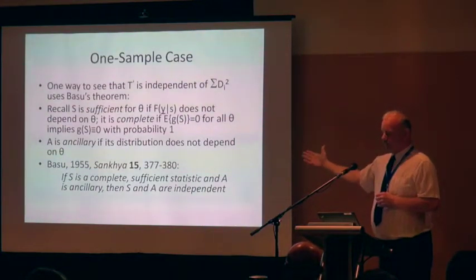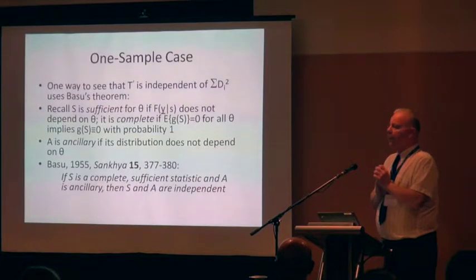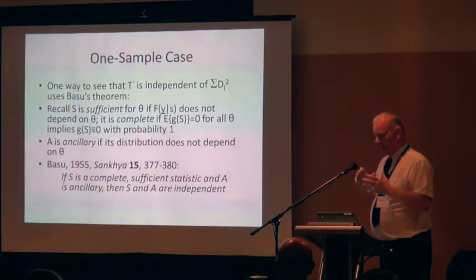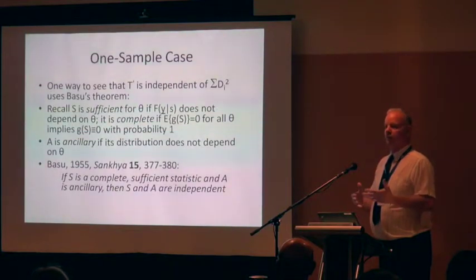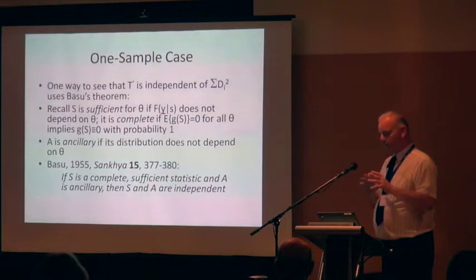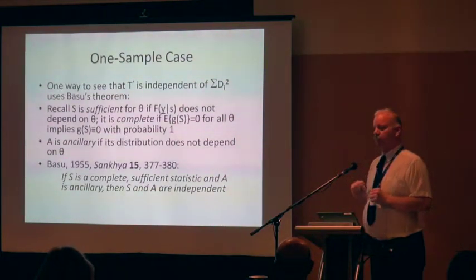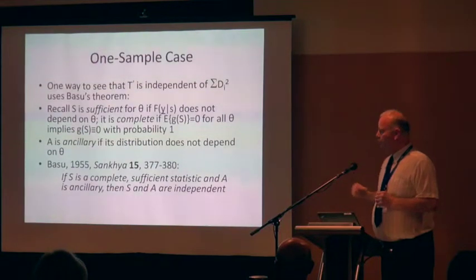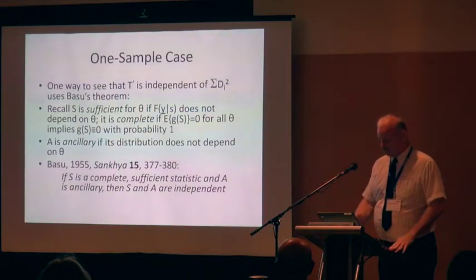And then you have A is an ancillary statistic, means that its distribution doesn't depend on theta. And so really a complete sufficient statistic sort of summarizes all the information about the parameter, and an ancillary statistic is at the complete opposite end of the spectrum. It has nothing to do with the parameter, and Basu's theorem says that if you have a complete sufficient statistic and an ancillary statistic, those have to be independent. It's a beautiful theorem.